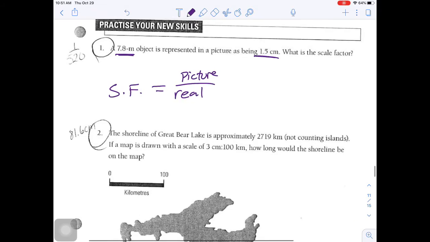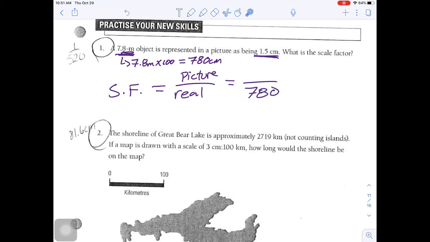And remember, we need to have these as the same units when you first try and find that scale factor. So I'll convert this into centimeters. 7.8 times 100 gives me 780 centimeters. So my real object is 780, and then my picture is 1.5.